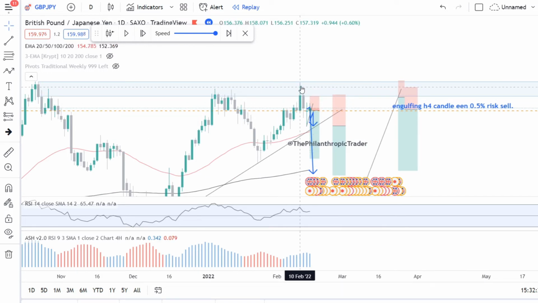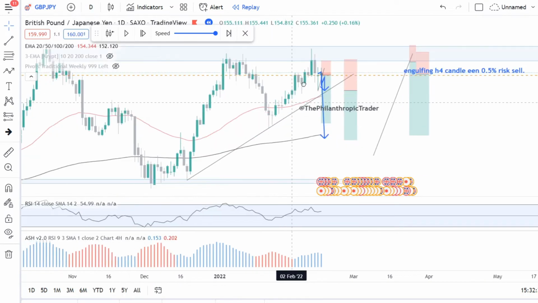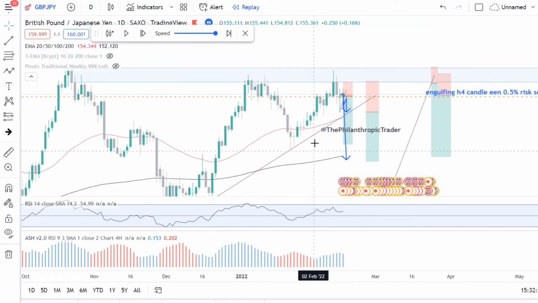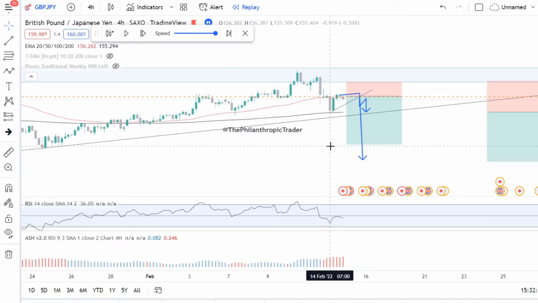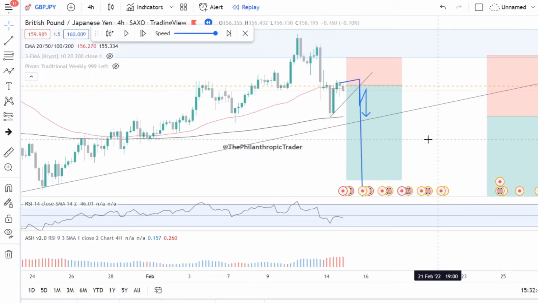This candle over here went to the upside, closed down, and then the following day we saw a bearish candle on the daily. So I also drew a nice trend line, and then I headed over to the 4-hour, and this was exactly what I saw.